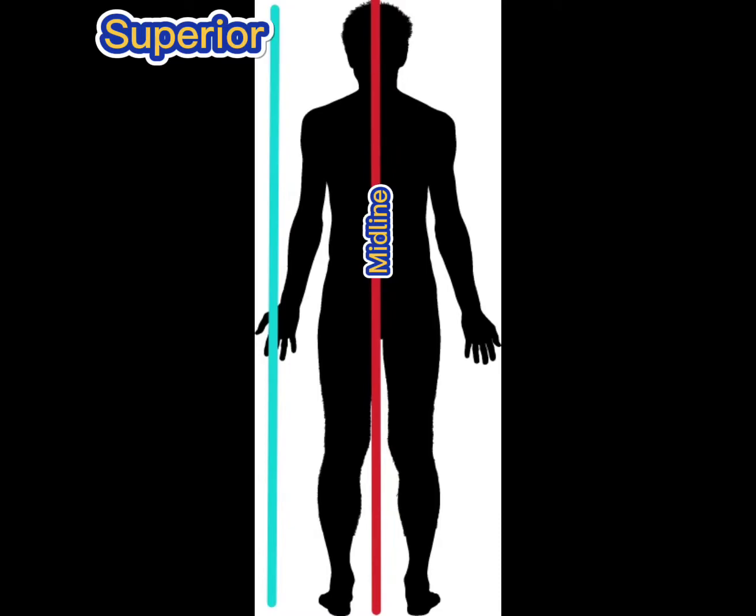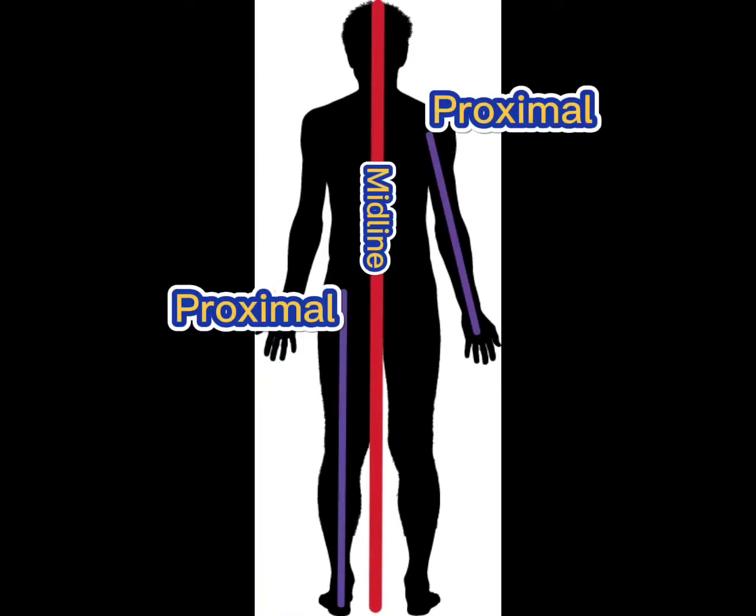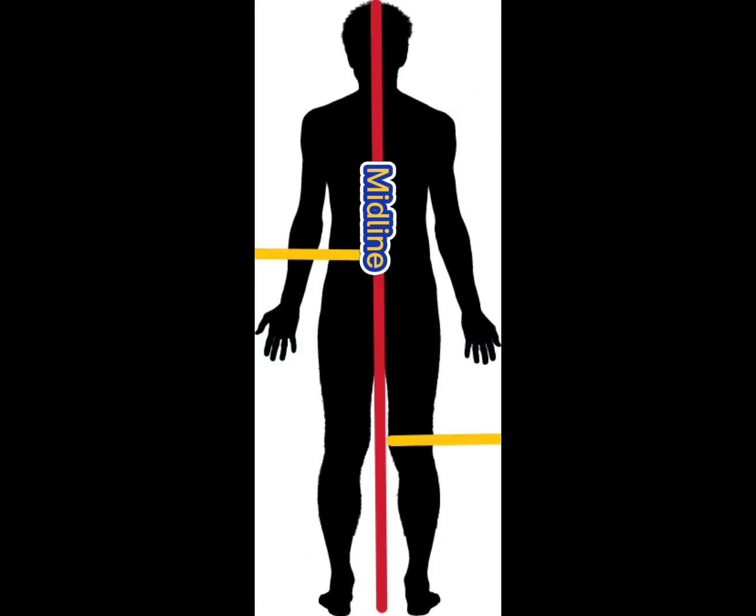Superior is located above, towards the head, while inferior is below, towards the feet. The proximal and distal. Proximal is closer to an attached area or the trunk, while distal is farther from an attached area or the trunk. The medial and lateral.